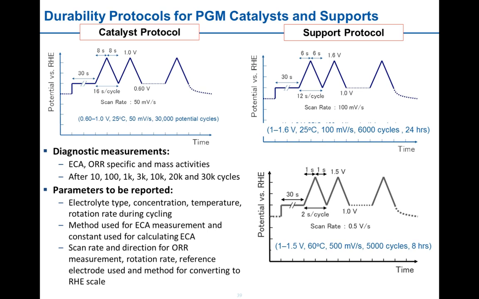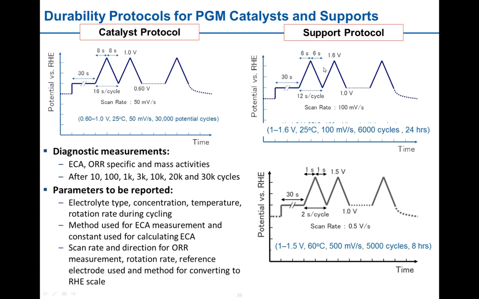The two plots on the right side of the slide show the support protocol. Now this is a protocol that's designed to minimize the loss of the platinum surface area due to dissolution and redeposition and focuses on the support. So as we're up at these higher potentials where you're forming an oxide on the platinum surface which passivates the platinum, you're specifically looking at degradation of the support.